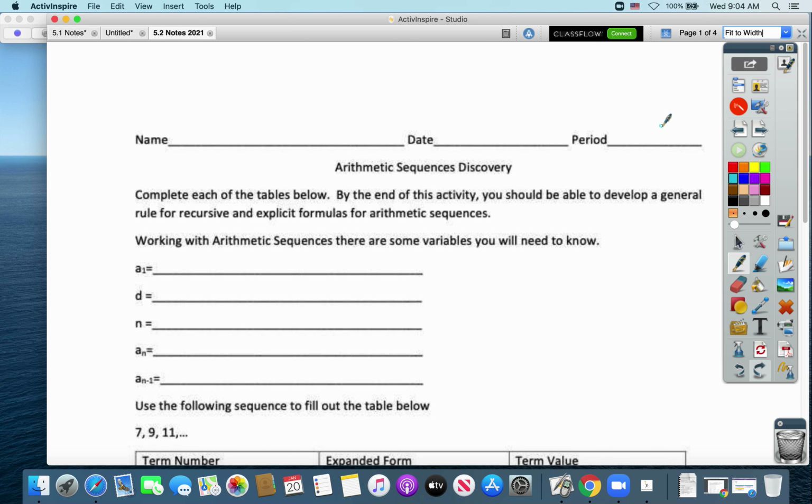So before we talk about the formulas, we do have some new variables that we need to define. These are the variables that you're going to use in all of your rules. We'll start with the first one, which is a sub 1.